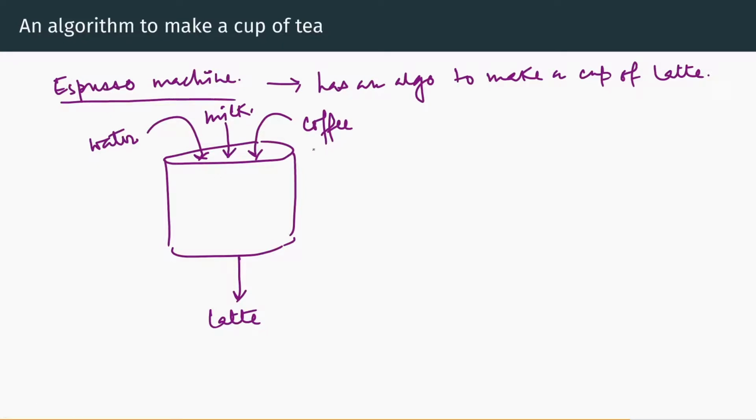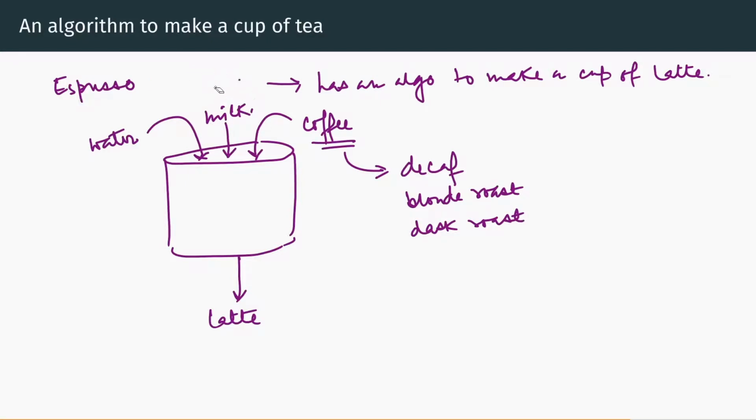But externally, you as a user can pass different types of inputs, right? So in coffee, you can pass decaf, you can pass blonde roast, you can pass dark roast. Milk, you can pass soy milk, you can pass skim milk.